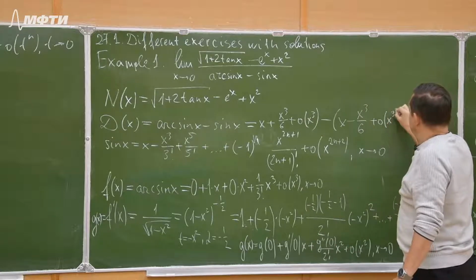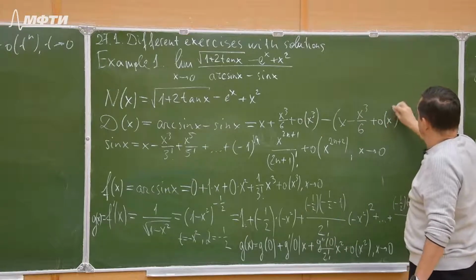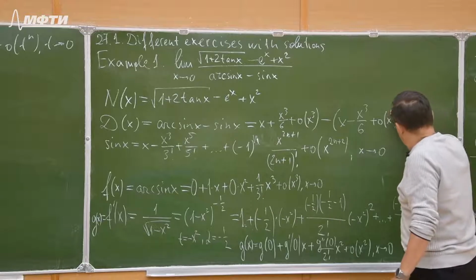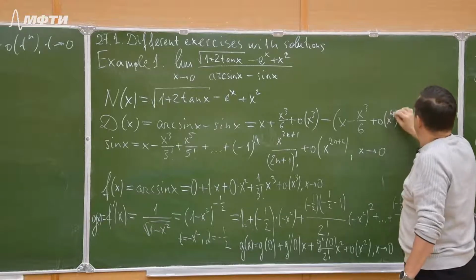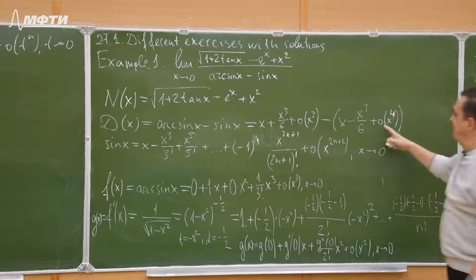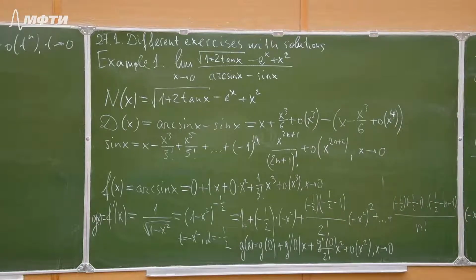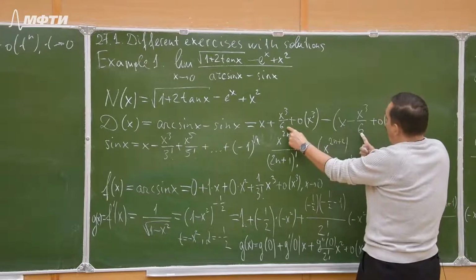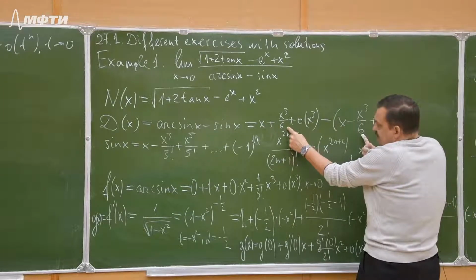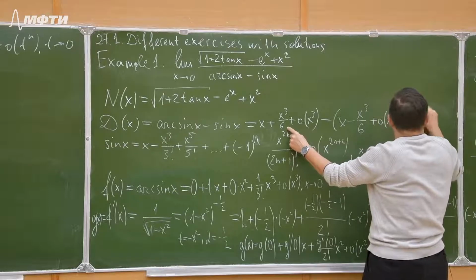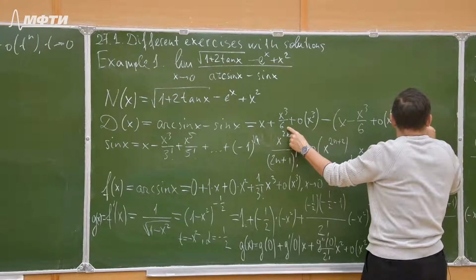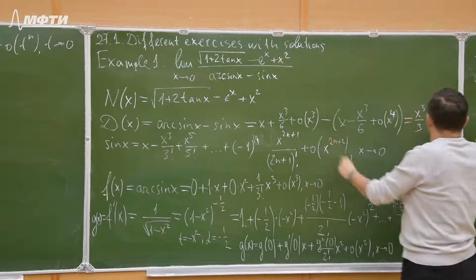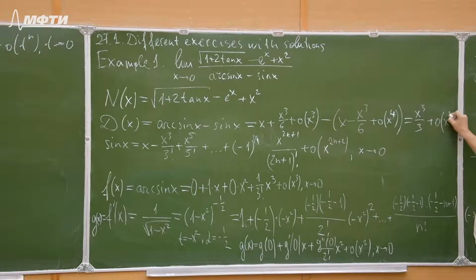So if we decide to stop on n equals 3 for sine, then we should write it like that. And you see now, we cancel x, and x cubed is not cancelled. So that is x cubed over 3 plus little o of x cubed as x tends to 0.